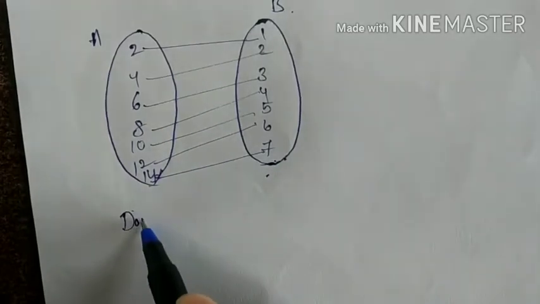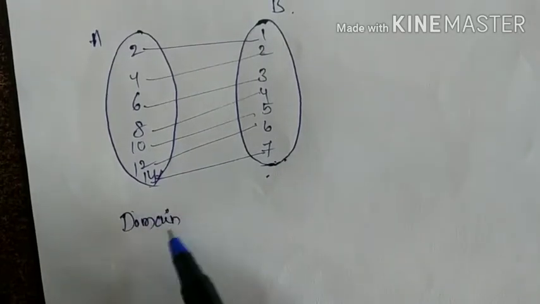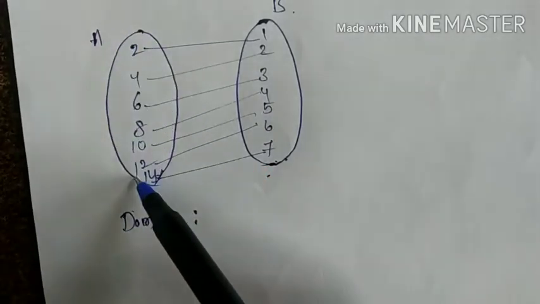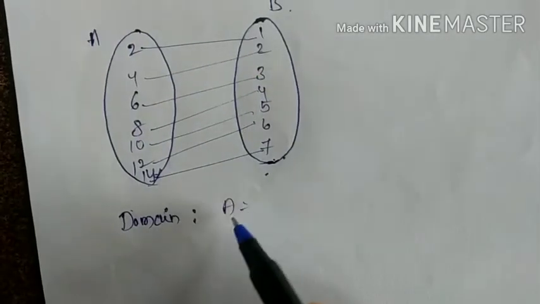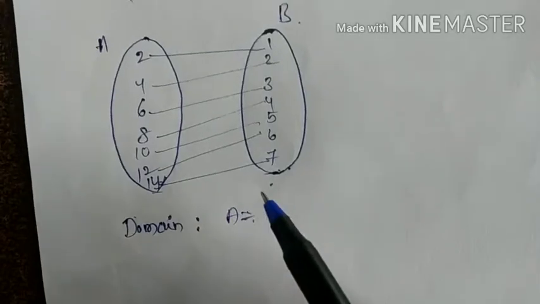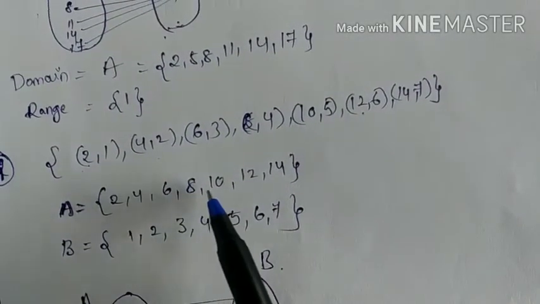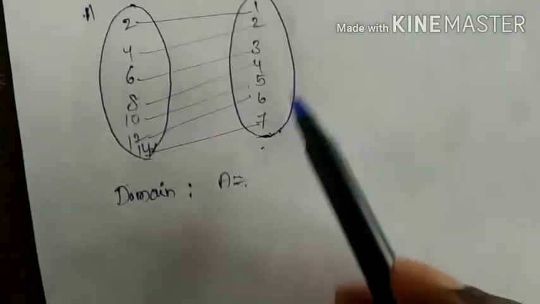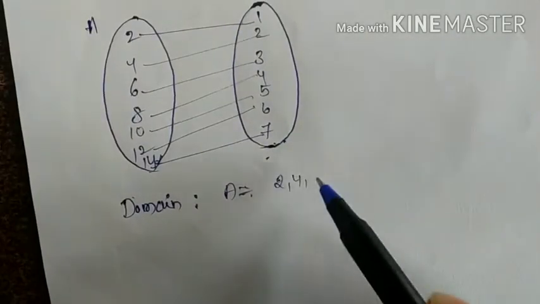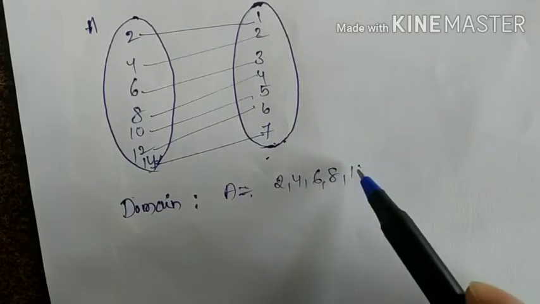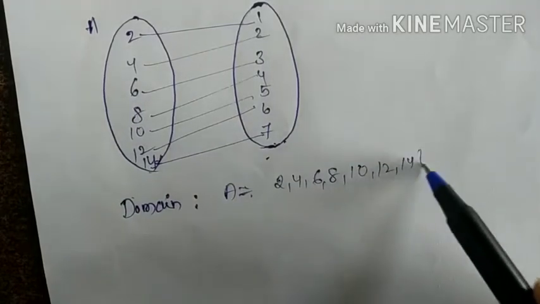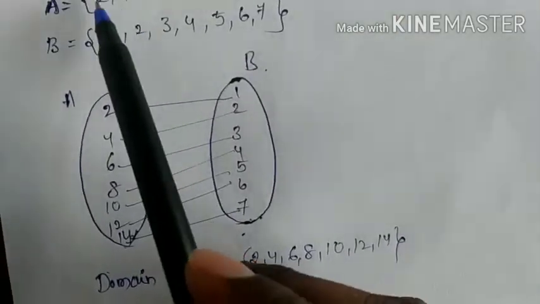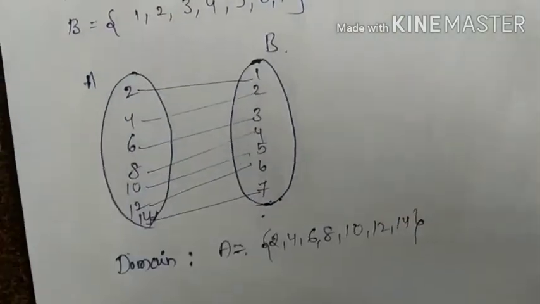Domain means all the elements available in set A. So domain is equal to A, which we already wrote: 2, 4, 6, 8, 10, 12 and 14. You can directly write it; you don't need to write this step again, but if you have a proper idea, you can conclude this.